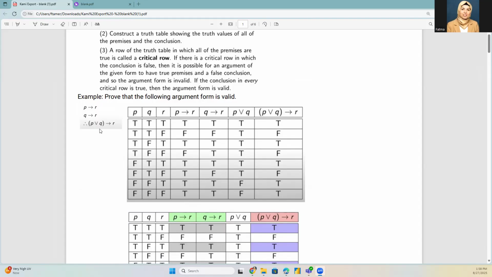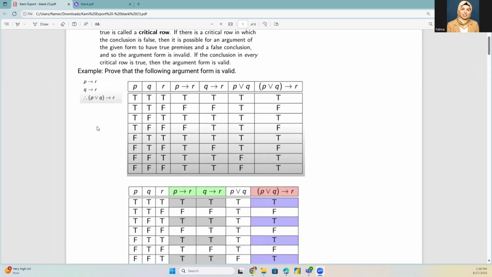Now we jump to the conclusion, if P or Q, then R. First we need to find the truth values of P or Q. For P or Q, we only get false for the last two lines.